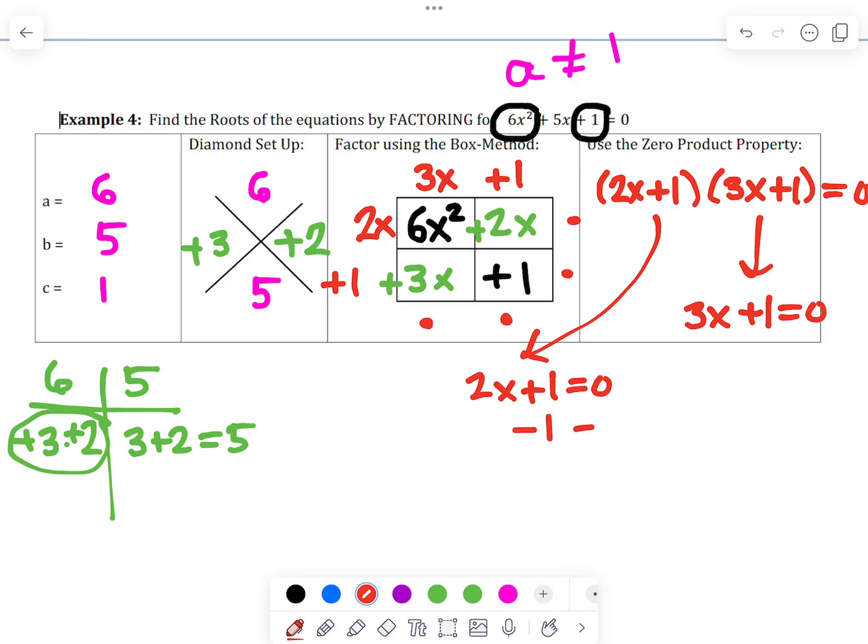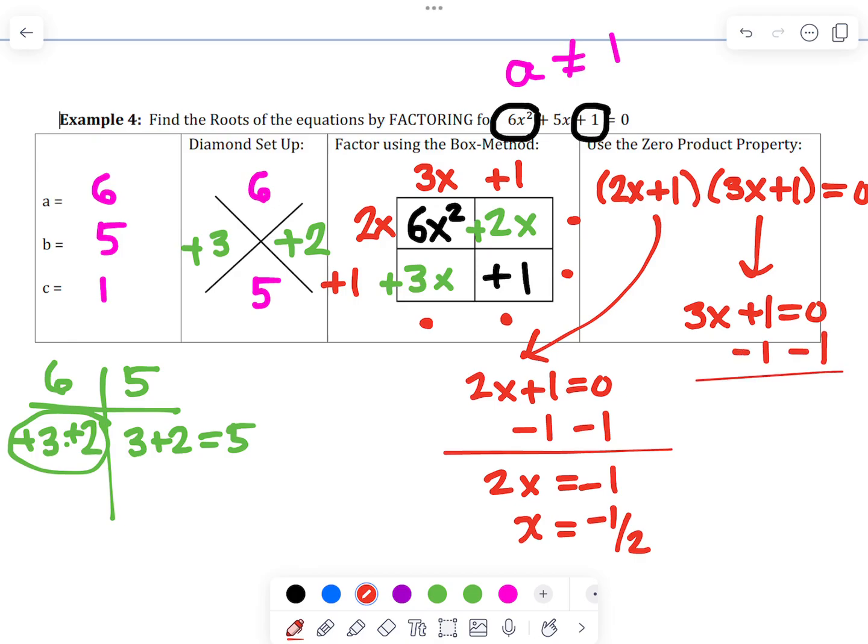Subtract 1 from both sides, so we get 2x equals negative 1, and then we divide both sides by 2. Go to the second equation, subtract 1 from both sides, we get 3x equals negative 1, and then divide both sides by 3. So our two roots are negative 1/2 and negative 1/3.